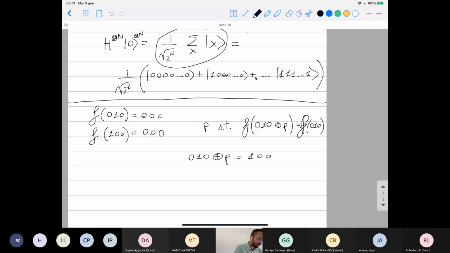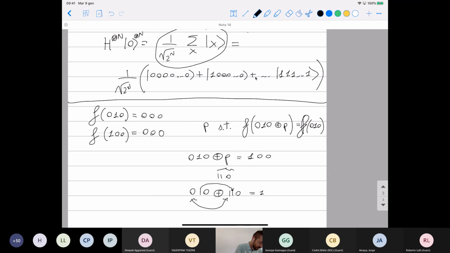So what is the number that, if you sum it to 0, 1, 0, you get 1, 0, 0? It's exactly 1, 1, 0, because 0, 1, 0 plus 1, 1, 0: this with this one, you get 1.